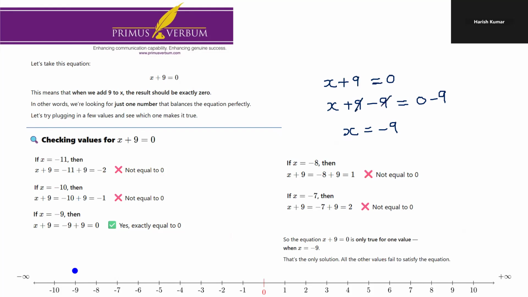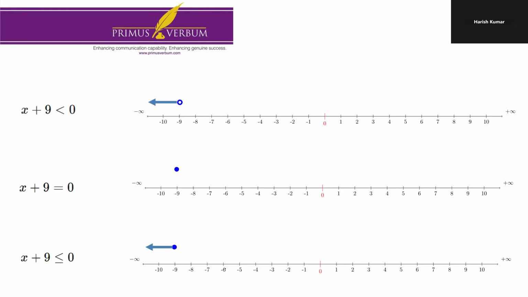These two will cancel each other. And this is exactly what we have plotted here. We have the shaded or filled in circle right above minus 9, because that's the only value x takes to make this equation true.